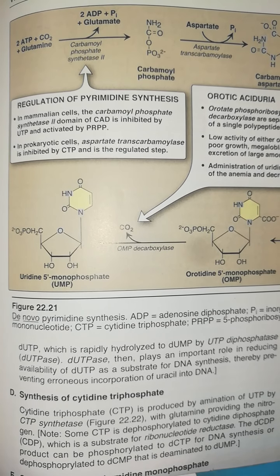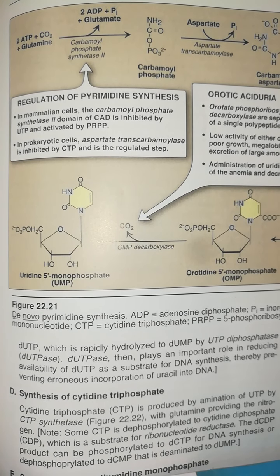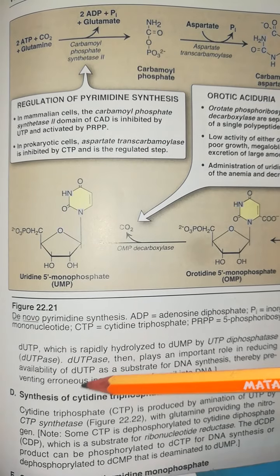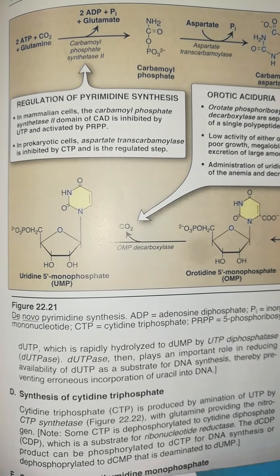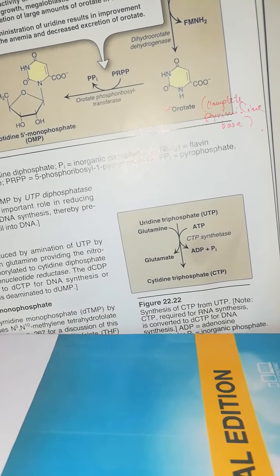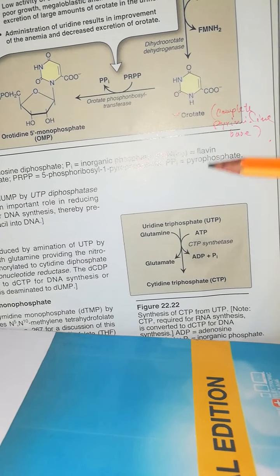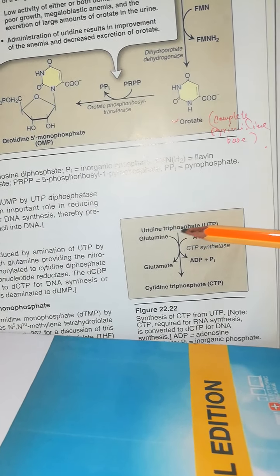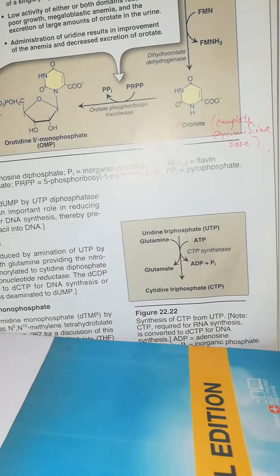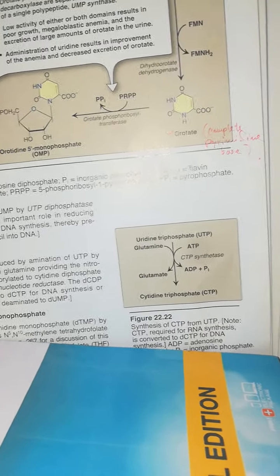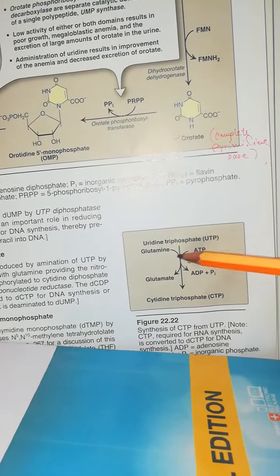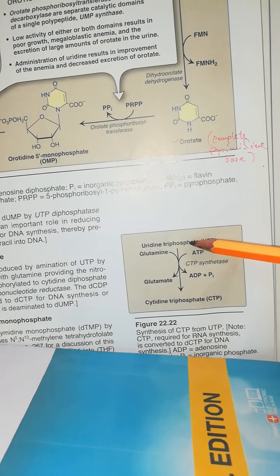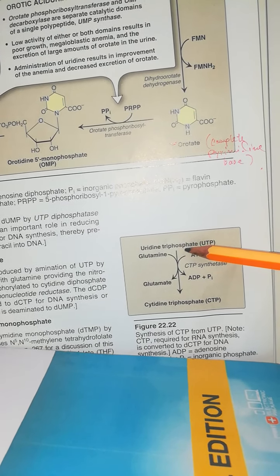Now the next step is synthesis of cytidine triphosphate. We get uridine triphosphate. Next step is synthesis of cytidine triphosphate. We already have uridine 5 prime monophosphate.